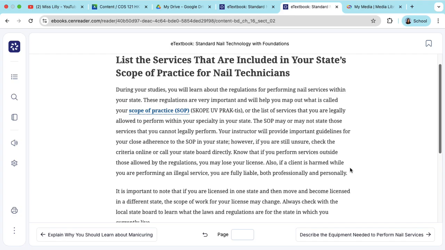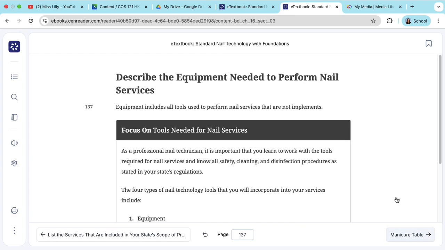These regulations are called Scope of Practice or SOP. Every state has a different SOP. So you have to ask questions to your instructor in the state you're in.